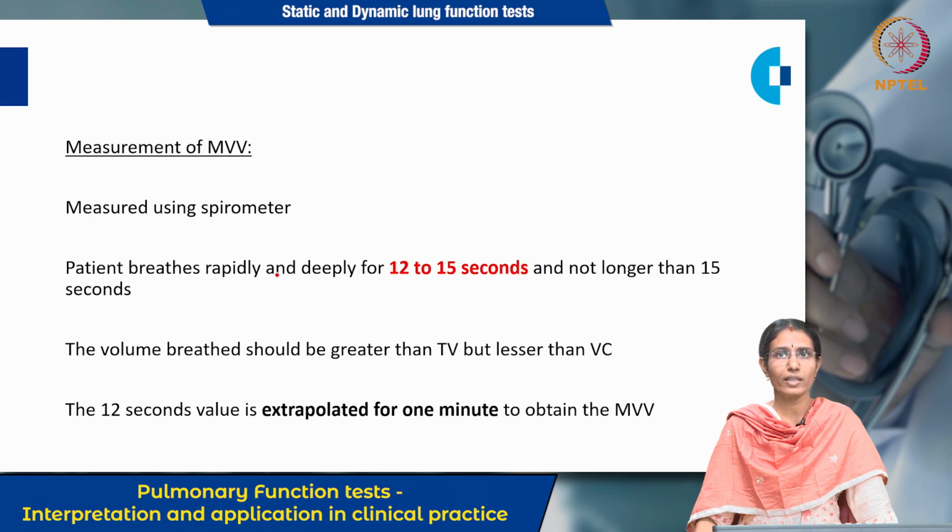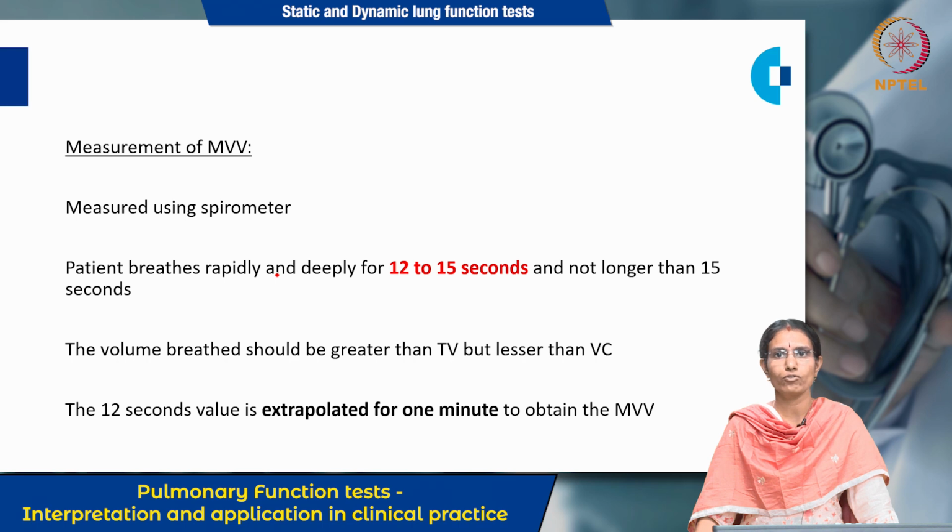And how do we obtain this maximum voluntary ventilation? This is also measured using spirometry. Here the patient is asked to breathe rapidly and deeply for around 12 to 15 seconds, almost like a hyperventilating maneuver. So the volume breathed should be less than the vital capacity, but more than the tidal volume.